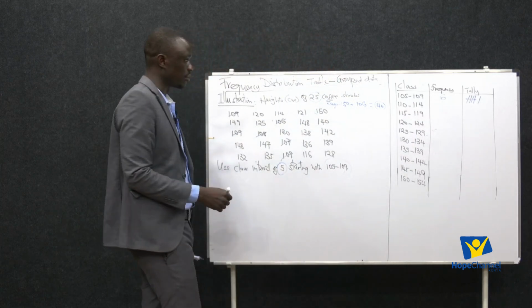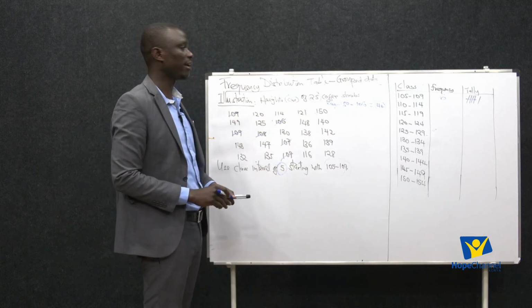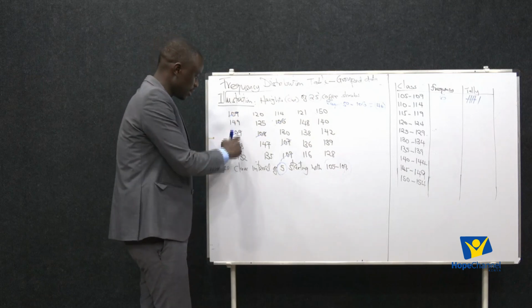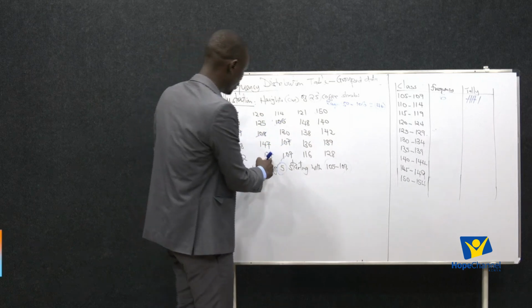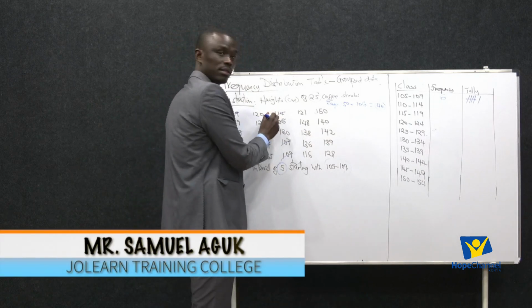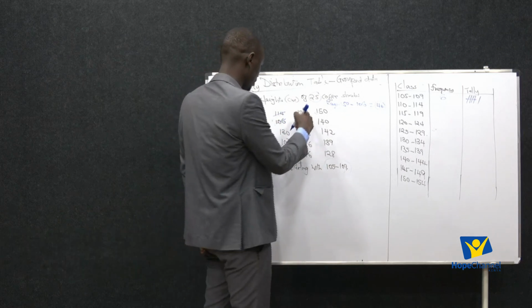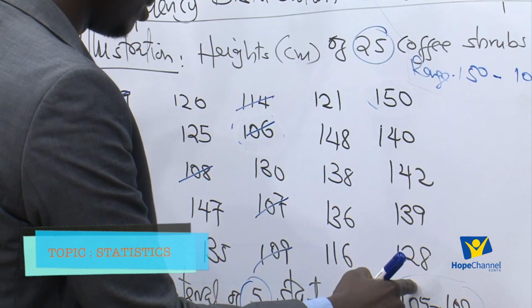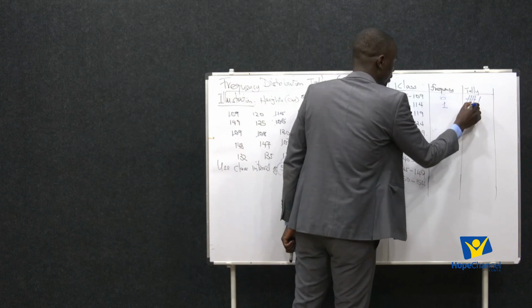That's okay. So now we are going to 110 to 114. All those observations that are between 110 and 114. So let's count here. 110 to 114, 1. Good. So here we only have one observation.